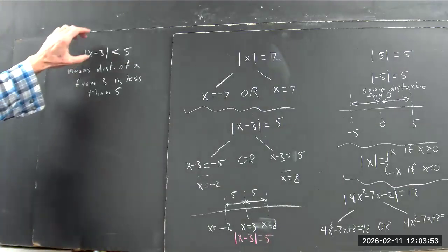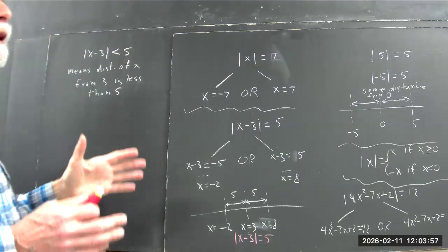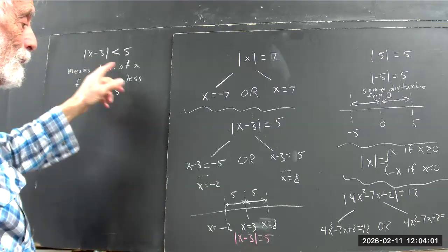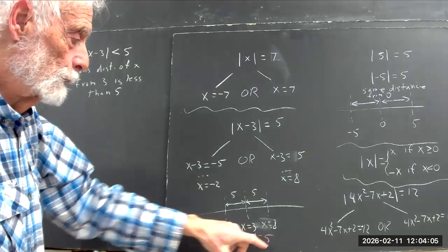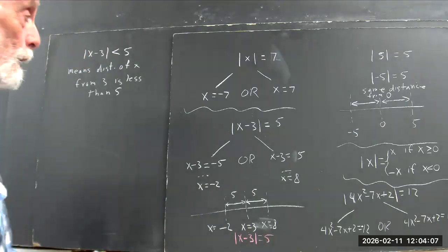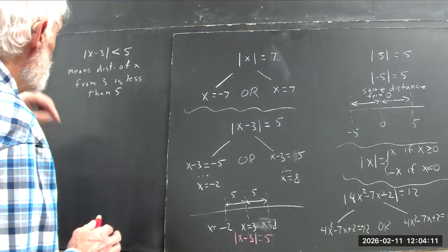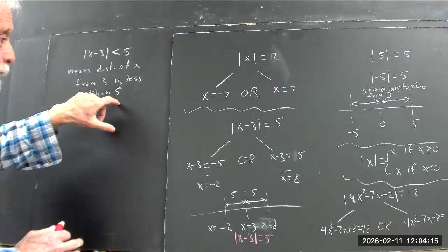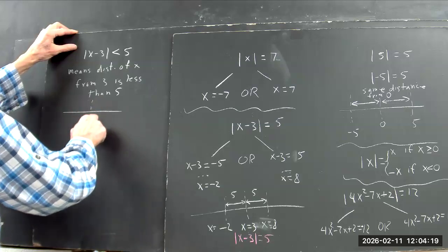Now, if the absolute value of x minus 3 is less than 5, that means x has to be closer to 3 than it was for the absolute value of x minus 3 equals 5. Don't really like that last sentence I just said, but it means that the distance of x from 3 is less than 5.